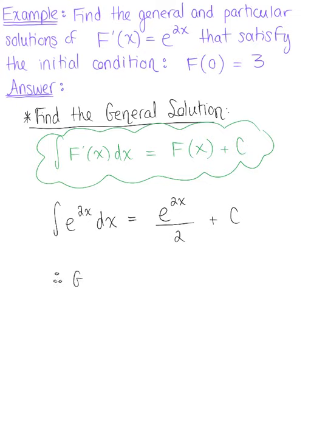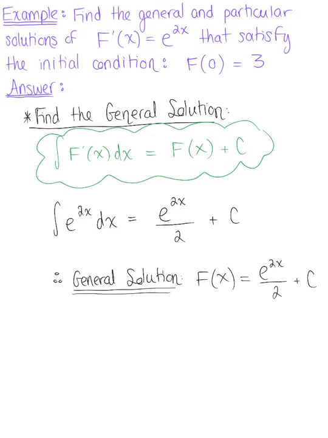So therefore, our general solution is defined as capital F of x being equal to the natural exponential raised to the 2x divided by 2 plus c.